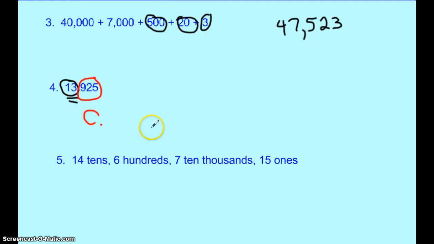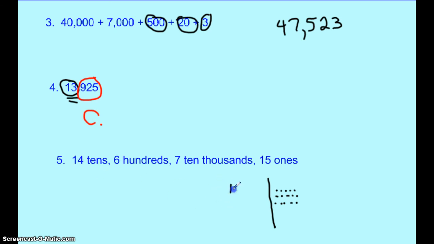And number 5, again, you're taking these amounts and trying to figure out what number this is. We've done many of these. Let's start. I always like starting with our ones. How many ones do we have? We have 15. 1, 2, 3, 4, 5, 6, 7, 8, 9, 10, 11, 12, 13, 14, 15. 15 ones. Now we got to be careful. We're looking at the next place value, which is our tens, and it's 14 tens.